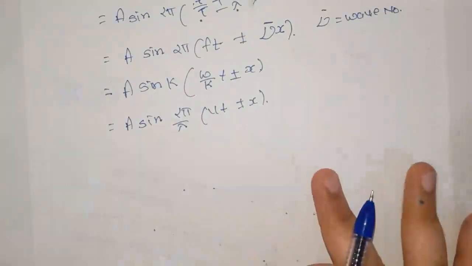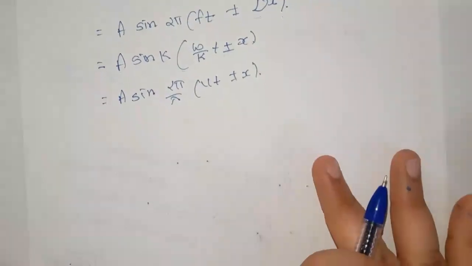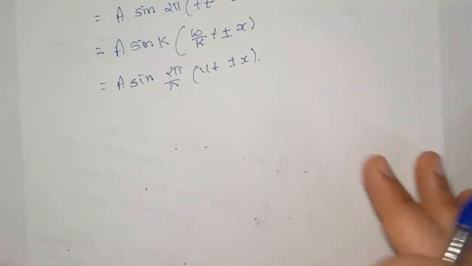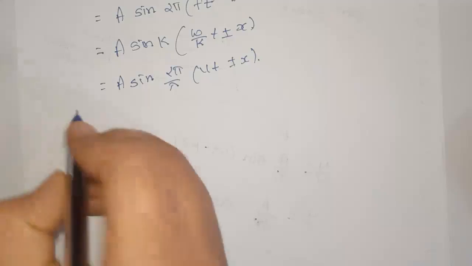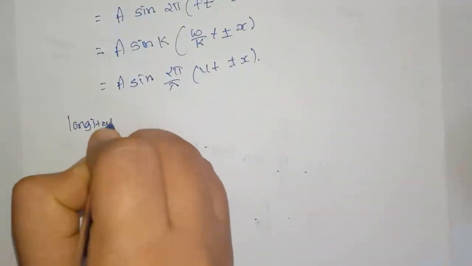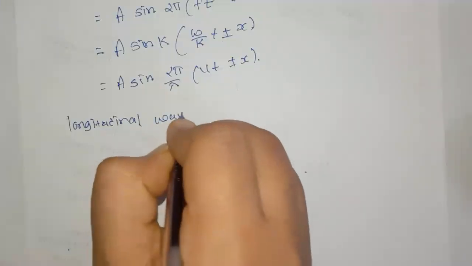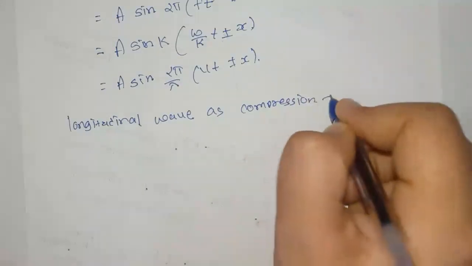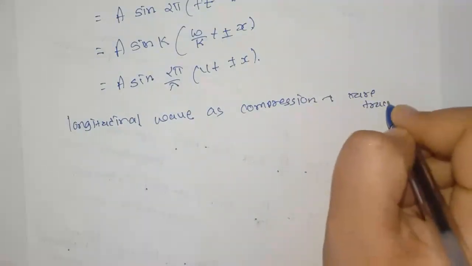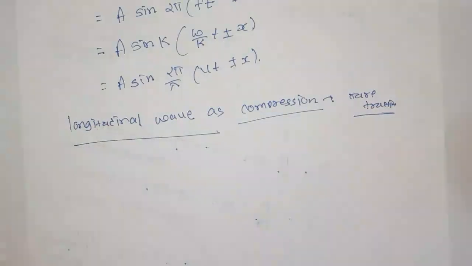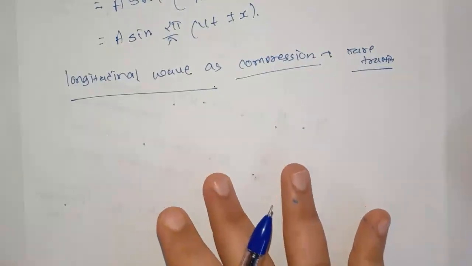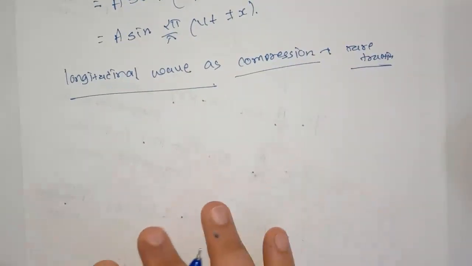Now, we should try to understand the mechanism of longitudinal wave motion in terms of compression and rarefaction. The longitudinal wave can also be represented by a transverse displacement position graph.